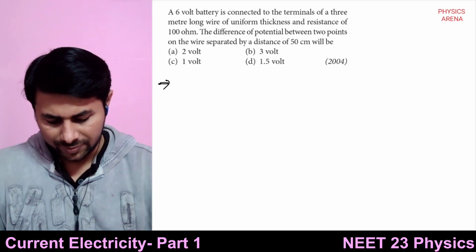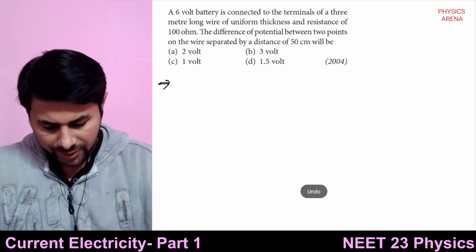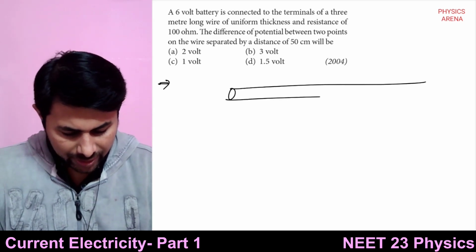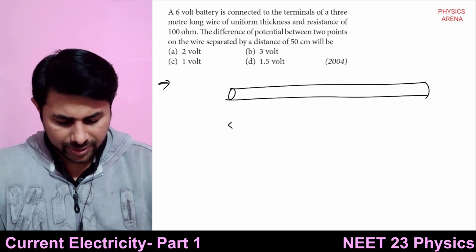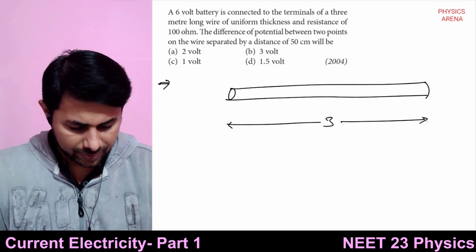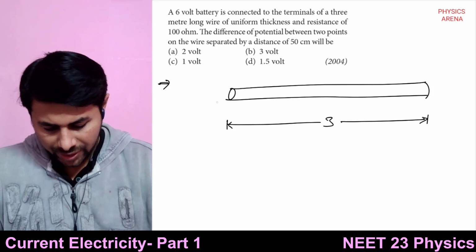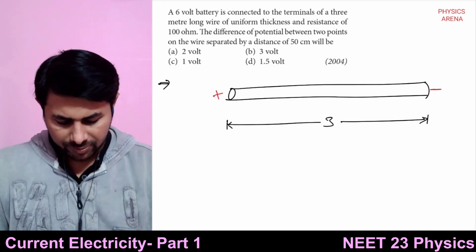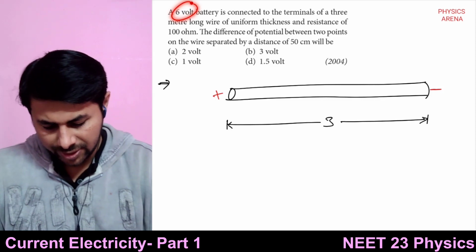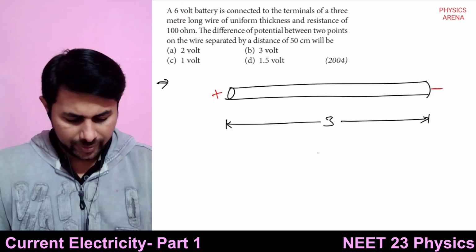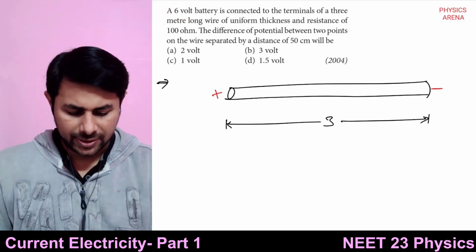So this is the question. See, we have a 3-meter long wire, and potential difference between the terminals of this wire is how much? It is 6 volt. So potential difference is 6 volts.